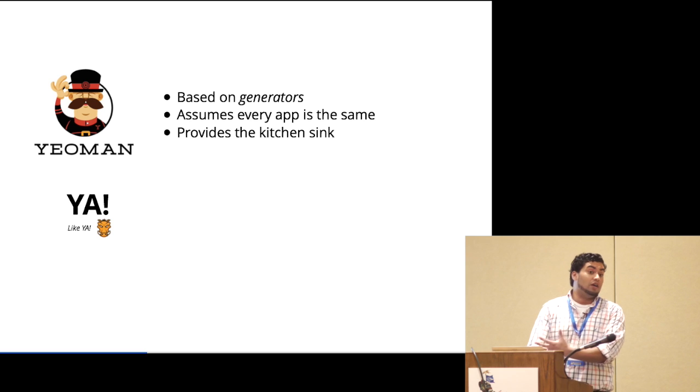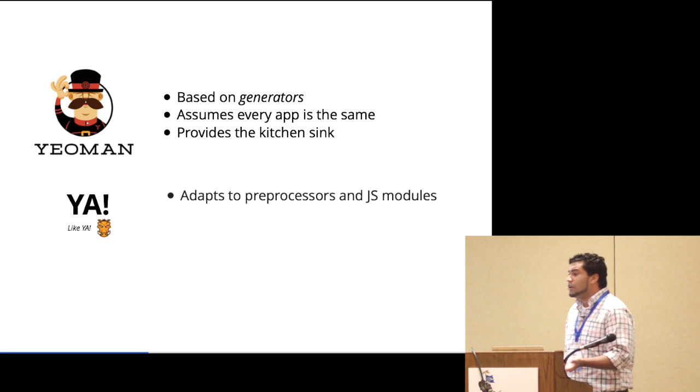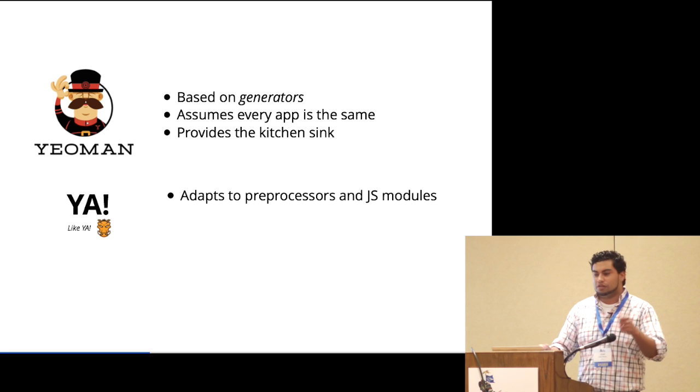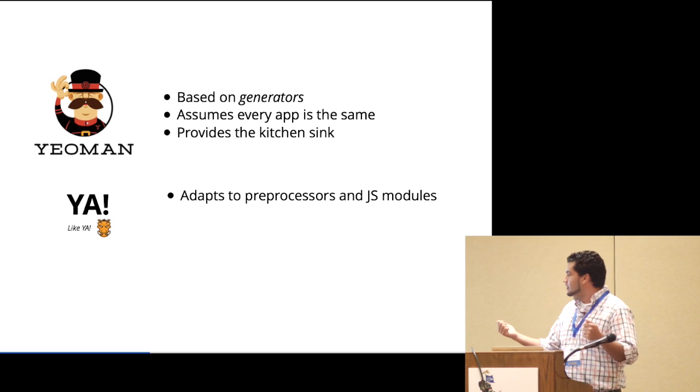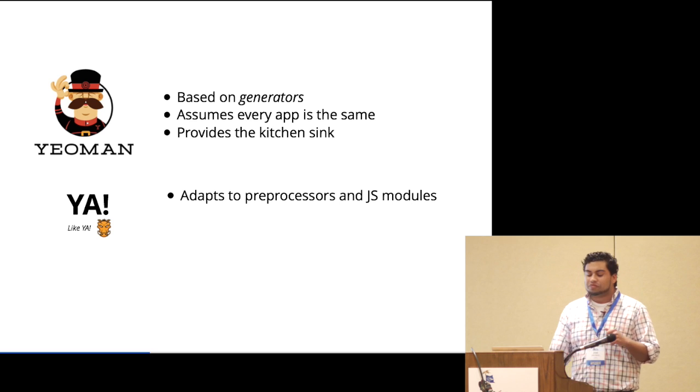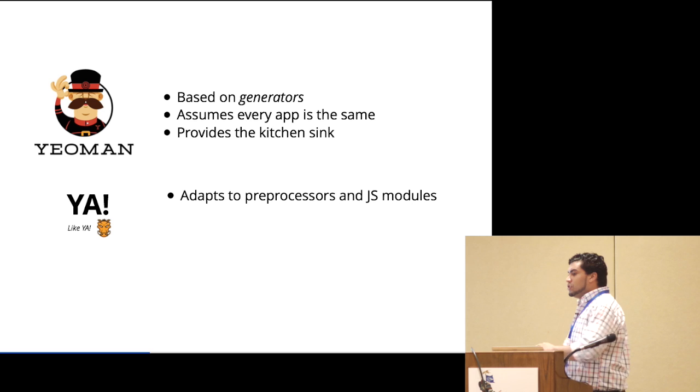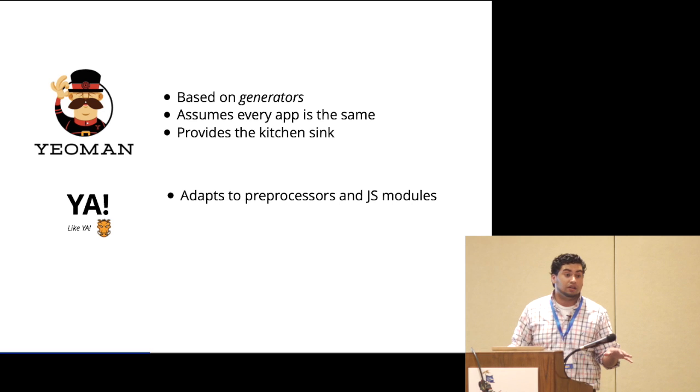But Yeoman works well. It does what it does very, very well. And there's a tool that I wrote, which is very experimental. It's called Ya, and it's kind of like Ya Grunt, kind of like a cowboy whipping this beast, this hog beast. So the idea for Ya is that we are going to completely adapt to what you're doing.